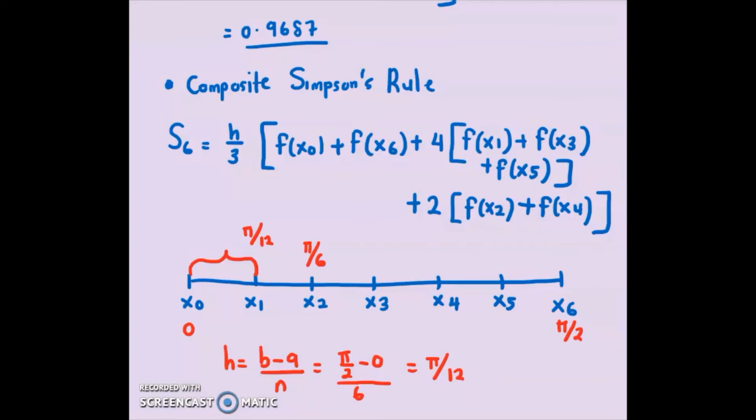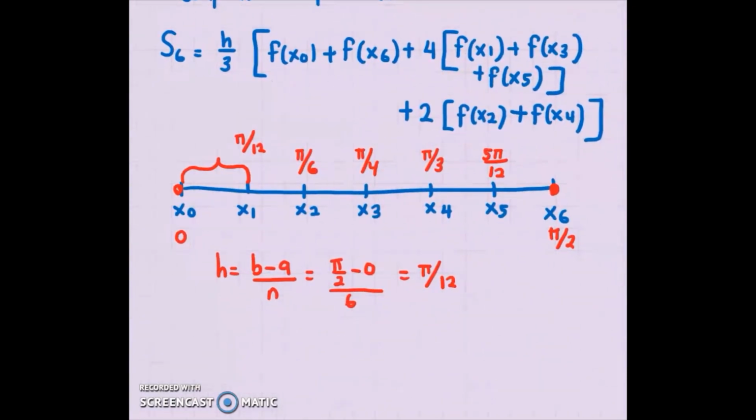Plus pi over 12 gives you pi over 4. Plus another pi over 12 will give you pi over 3, another gives you 5 pi over 12, and check: add another pi over 12, 6 pi over 12, which is pi over 2. So your interval is divided equally. These are my x1, x2, x3, x4, x5.